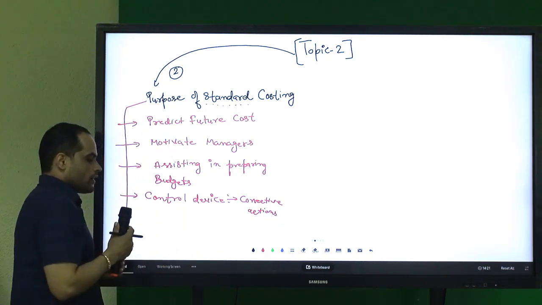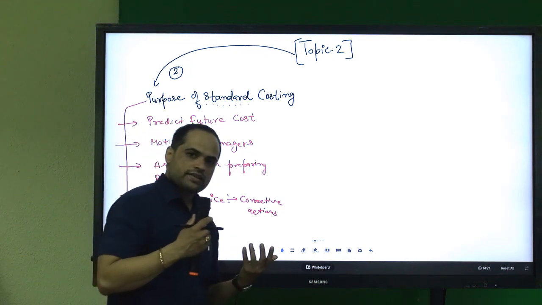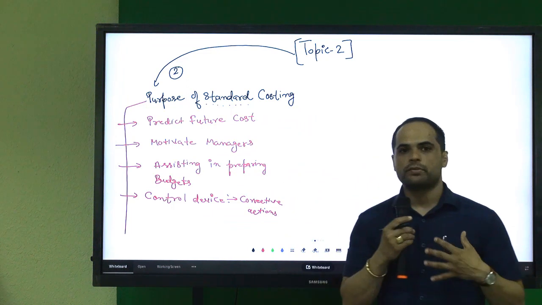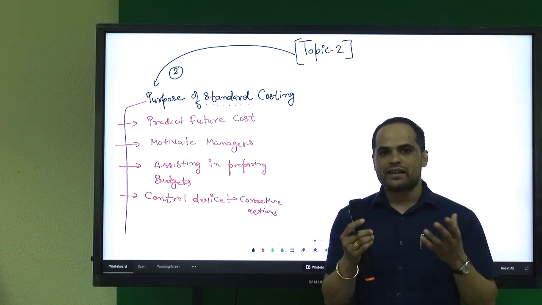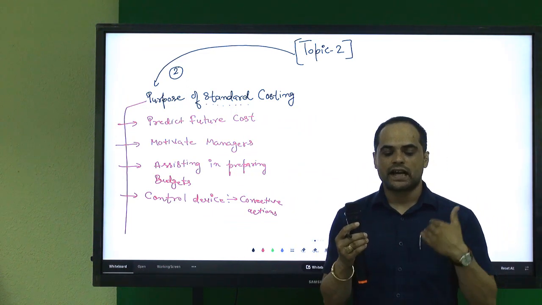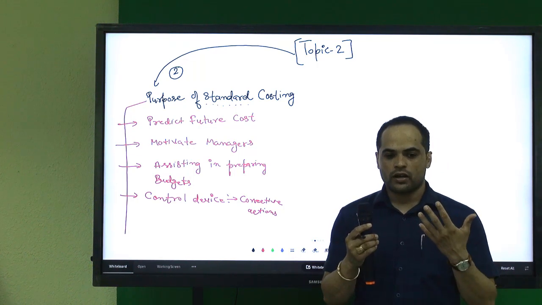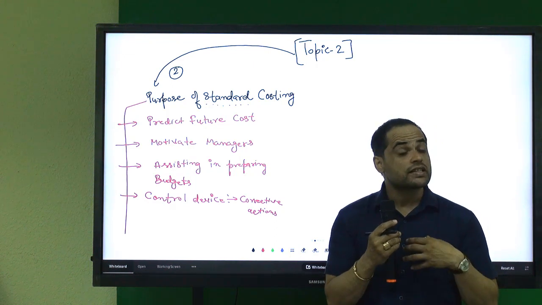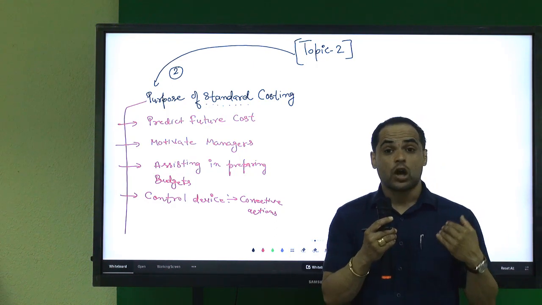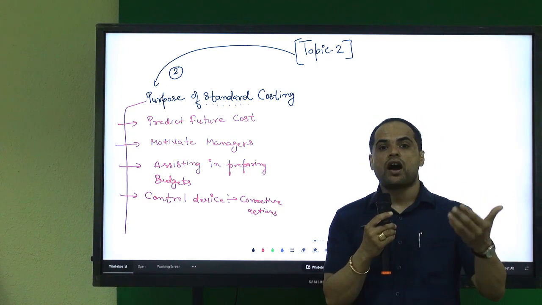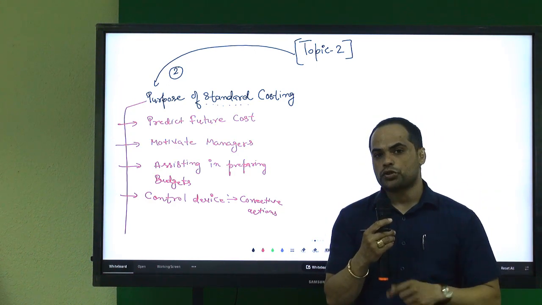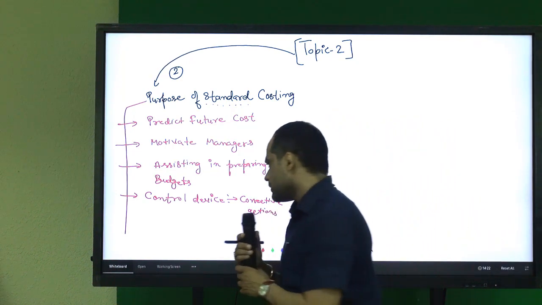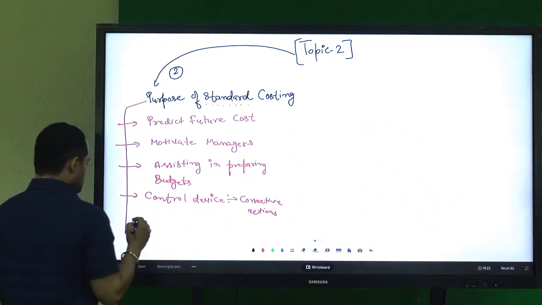In standard costing, we compare actual results with the standard results, and then we find out the possible causes. This comparison is called controlling. It gives companies much more reasons to know why we are not achieving our budgets, standards or targets, or how we can improve our performance in the future. So in other words, it's a performance measurement tool.